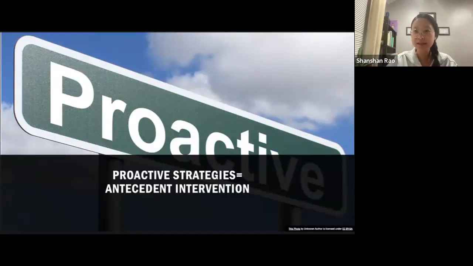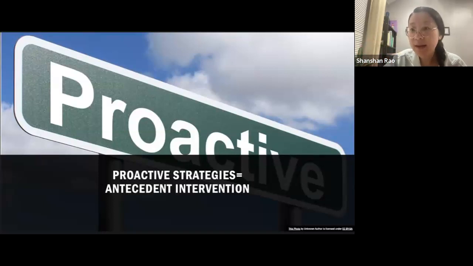Because when you're working with students, you probably come across that students always have the same reactions, responses or behavior to certain toys, certain directions, certain people, and they're kind of repetitive. How can we manipulate the antecedent, meaning the environment, the events, the toys, to increase or decrease certain behaviors?